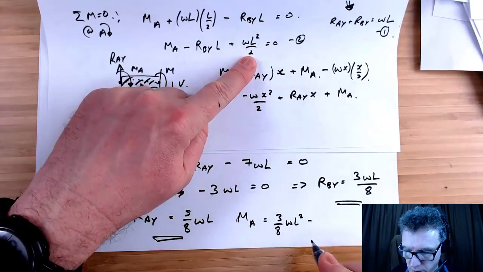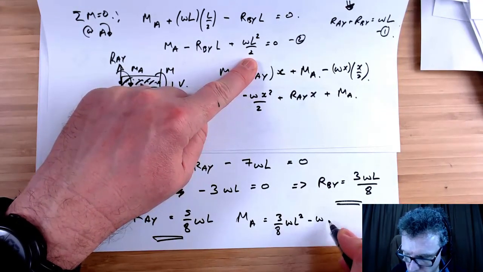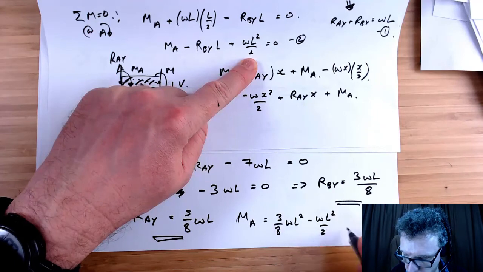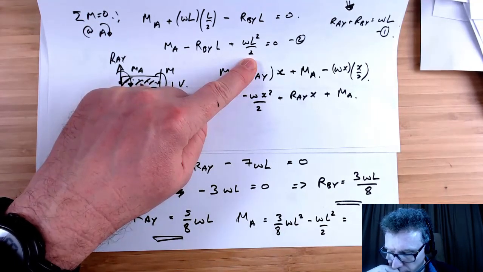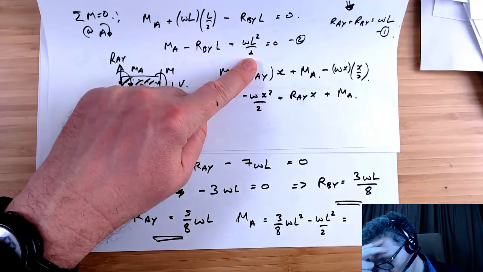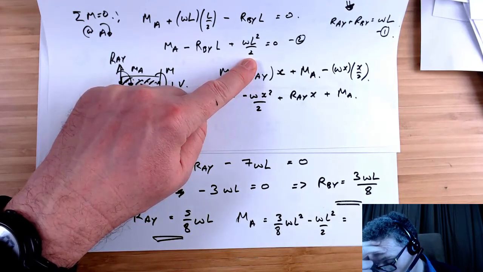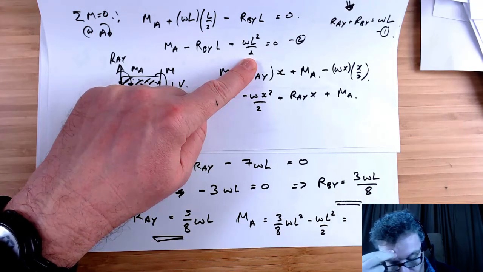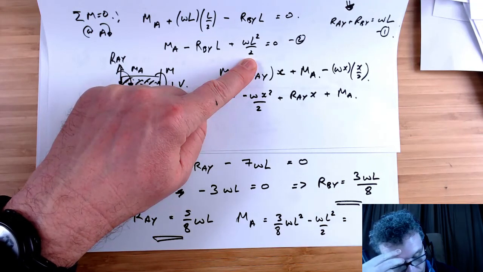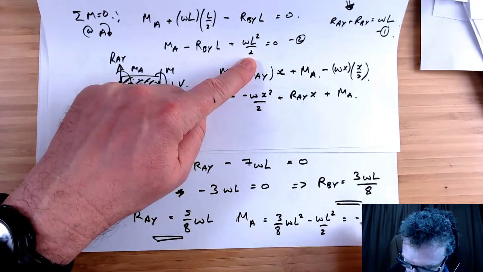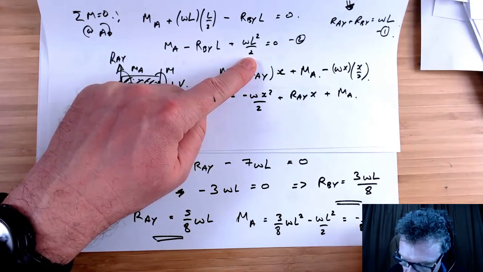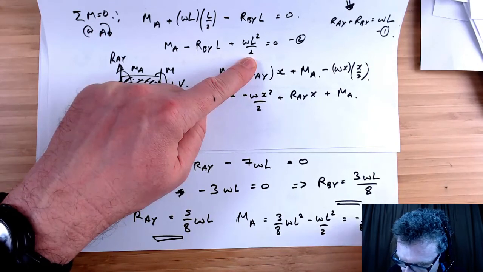Take away little w L squared a half. So 3/8 take away 4/8. That's right, isn't it? Equals minus 1/8 little w L squared.